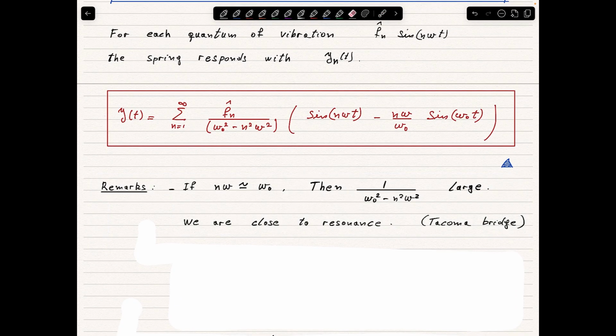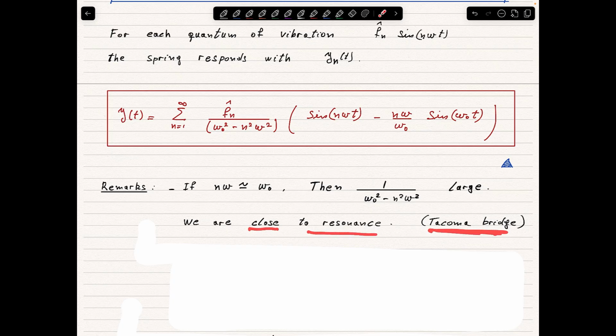What happens if any harmonics of the driving frequency, we already know they are different from the natural frequency, but still, what happens if they are very, very, very close? Well, this term here is going to be very, very, very large, and we are going to be close to resonance, which is actually what happens in the Tacoma bridge.